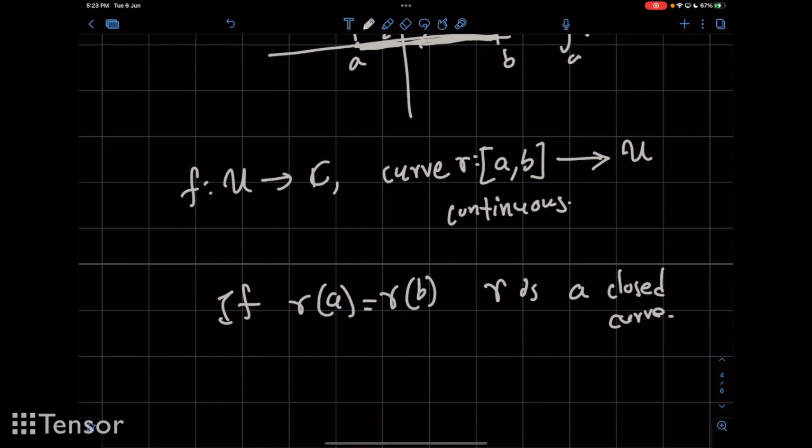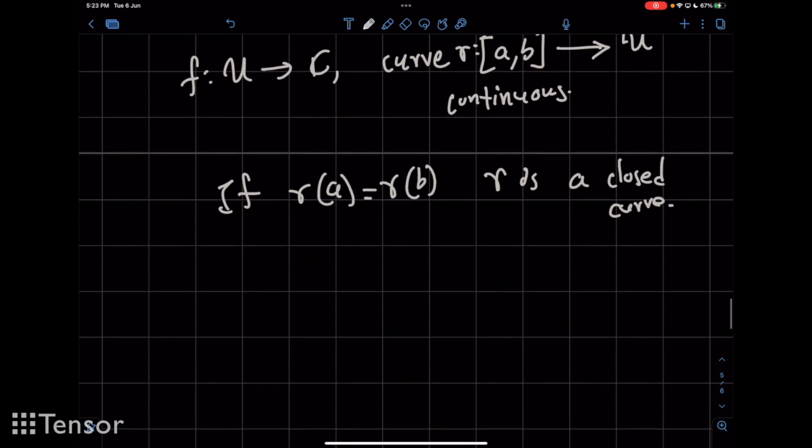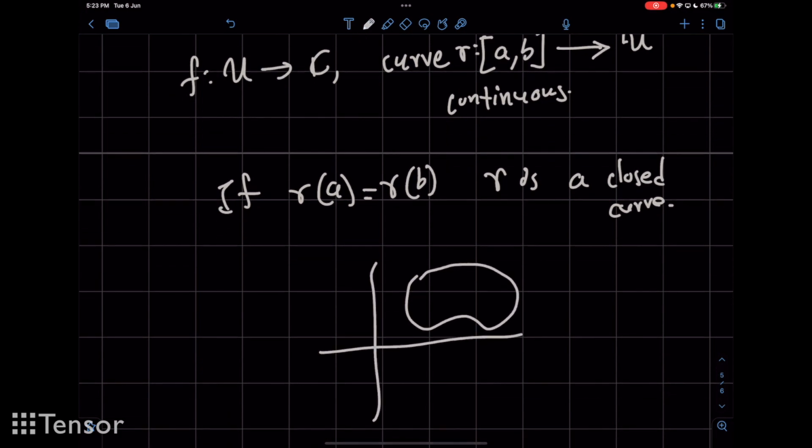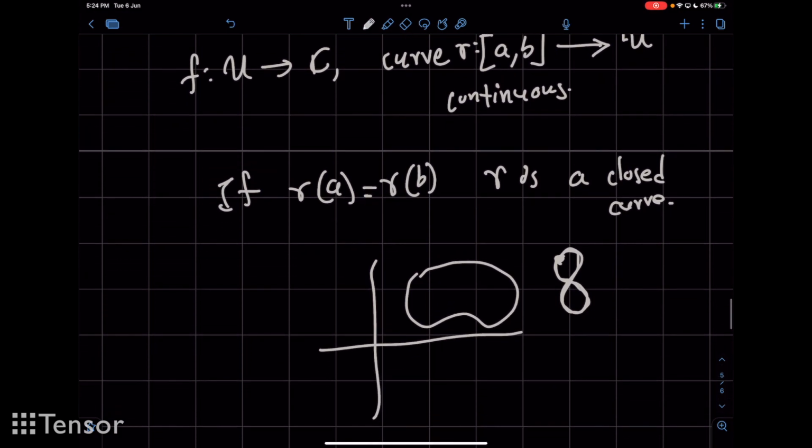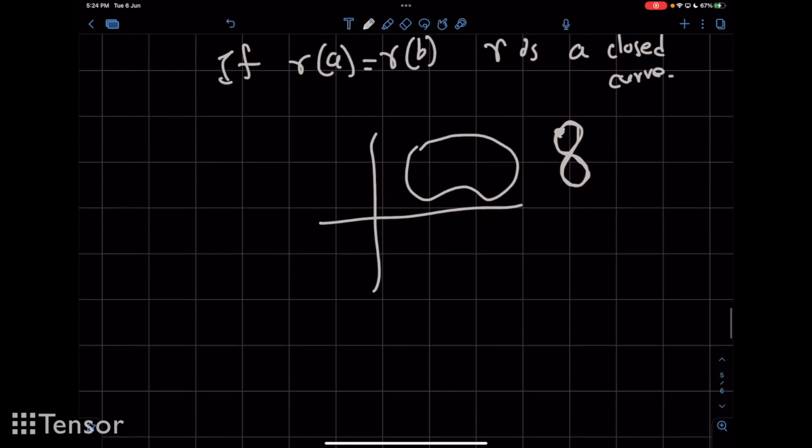So if gamma looks something like this, or this, where this is the starting point and this is the ending point as well, then these are examples of a closed curve. And in complex analysis, we are mostly interested in integrals over some curve gamma.